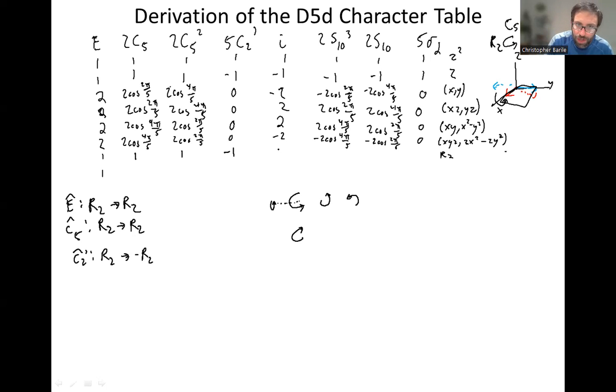Inversion is an interesting one. It ends up being a +1, and I'll show you why. Remember, the inversion definition is that x, y, z goes to negative x, negative y, negative z. So what does this mean for a rotation vector?